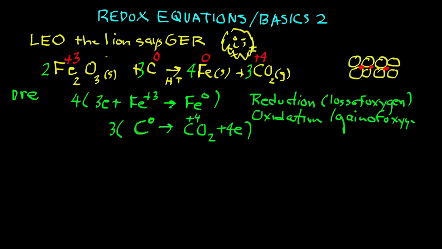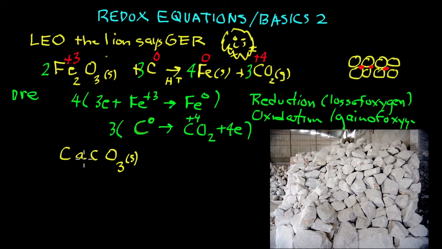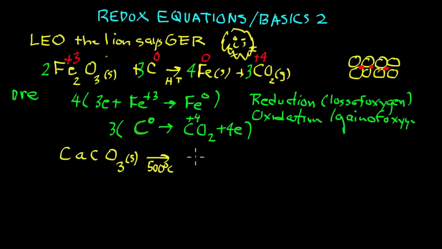Now let's check this one out. This equation is an ancient equation. This is one of the first processes of mankind in recorded history, where they took a substance called limestone, calcium carbonate, and they heated it to low temperatures, maybe 500 degrees Celsius. And they made a substance called lime, calcium oxide, and they got carbon dioxide.